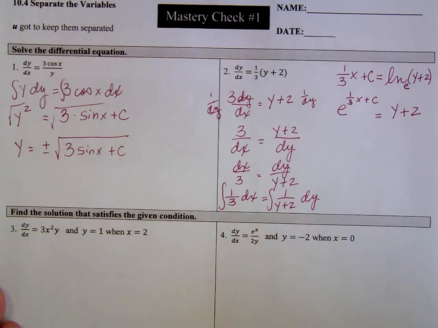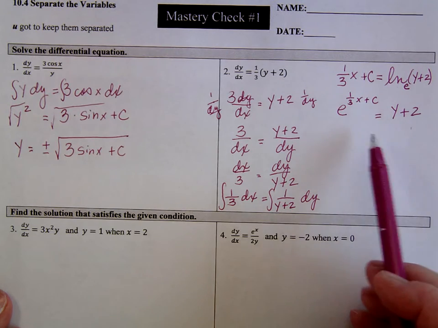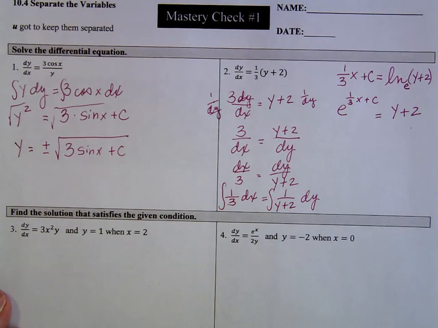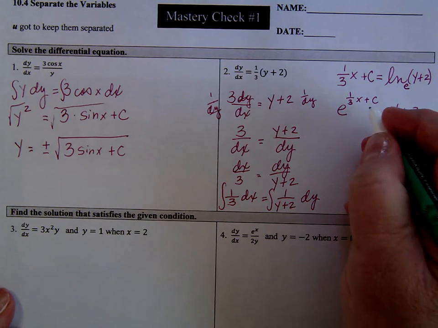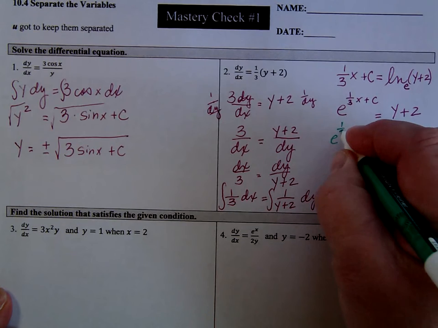And you can see how you got that out of there, and it's going to be somewhat easy for you to be able to solve for y because you're just going to subtract the 2 over. But before you do that, we need to go back and remember some rules for exponents. All right, here's what this means. This right here would be the same thing as if I had e to the 1/3 x.